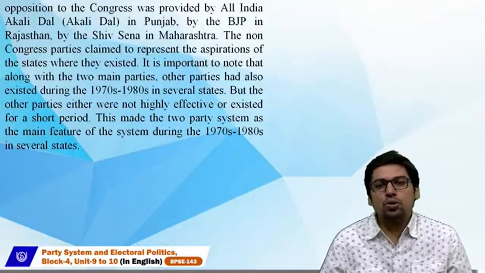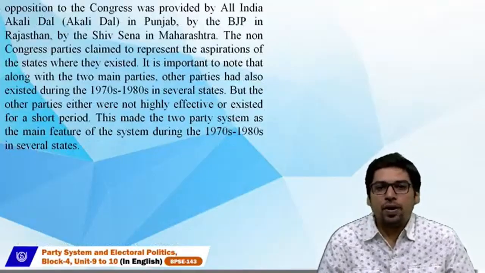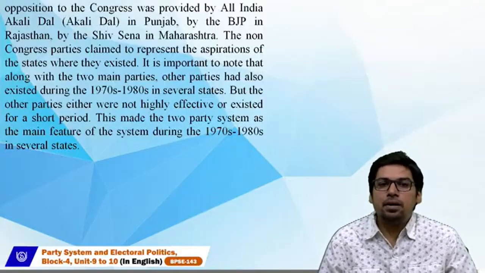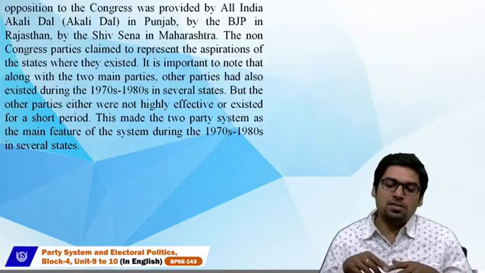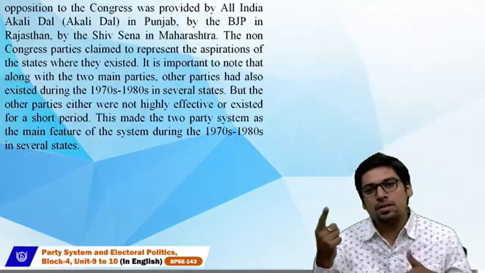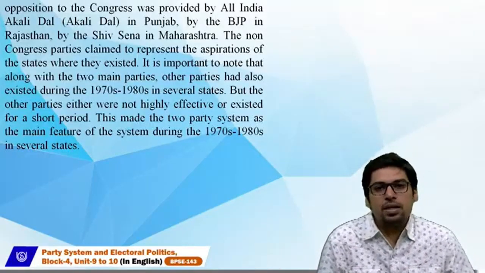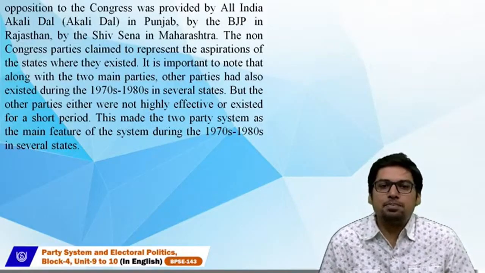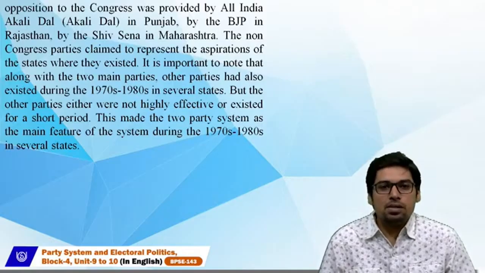The opposition to the Congress was provided by the All India Akali Dal in Punjab, and by the BJP in Rajasthan. Basically, a two-party system remained in Rajasthan, with the BJP on one side and the Congress as the opposition on the other, and the Shiv Sena in Maharashtra. The non-Congress parties claimed to represent the aspirations of the regions where they existed.